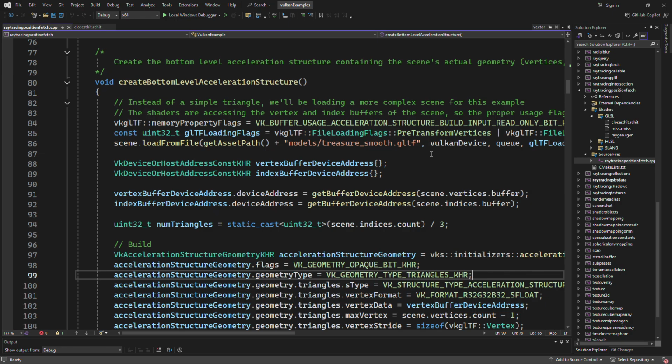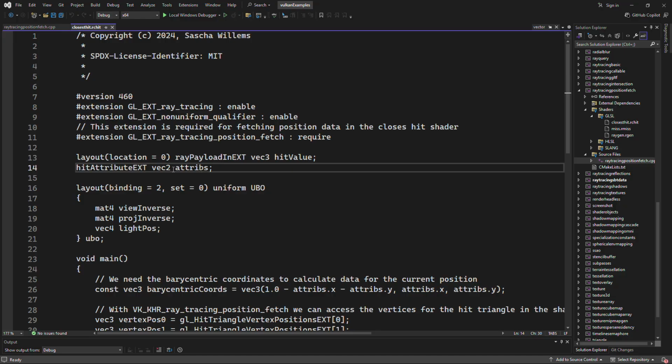But we're not worried about that right now. We're focusing on the bottom level acceleration structure. Because this VK geometry type triangles KHR flag has been used, we now have access to the barycentric weights of the intersection point.